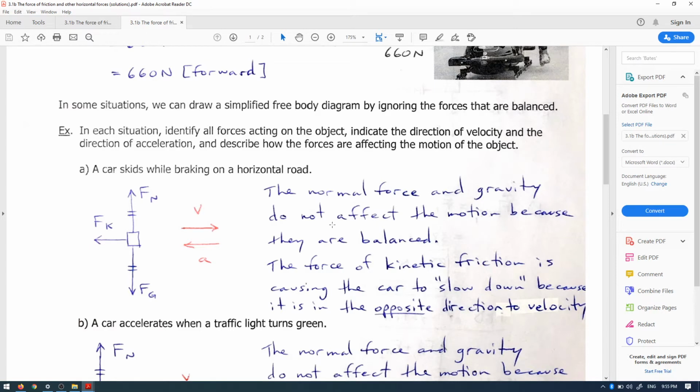The normal force and gravity do not affect the motion because they are balanced with each other. But the force of kinetic friction doesn't have anything to balance with in the horizontal. And so it causes the car to slowly slow down, because it's in the opposite direction to velocity. If the acceleration is in the opposite direction of velocity, then the car is slowing down.